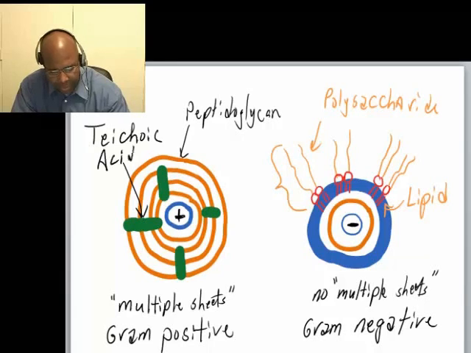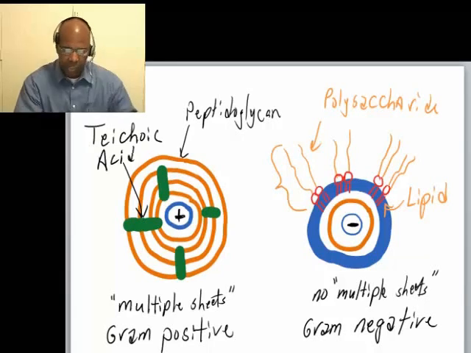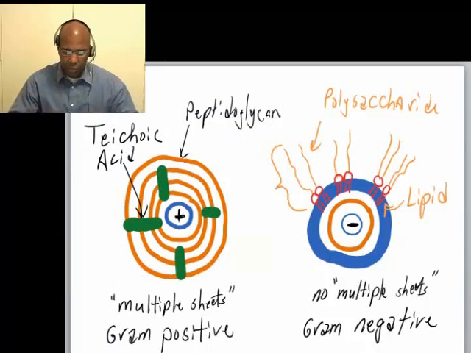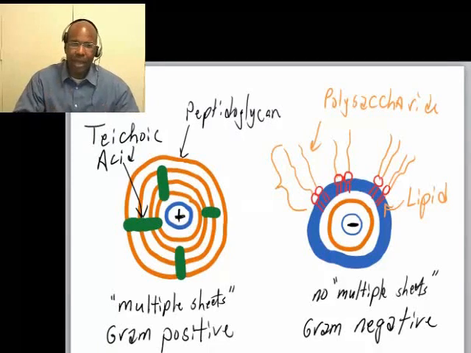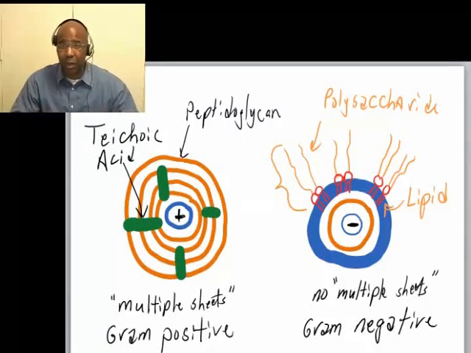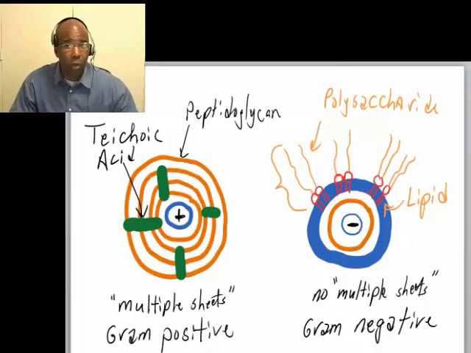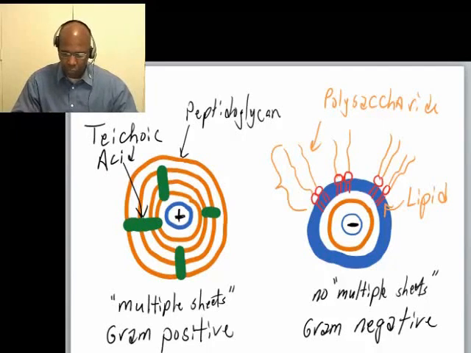It holds these sheets together. And so teichoic acid is going to be found in gram-positive bacteria, but of course it's not going to be found in gram-negative bacteria. And again, teichoic acid is a polymer of sugar alcohols, so carbohydrates are found there as well.